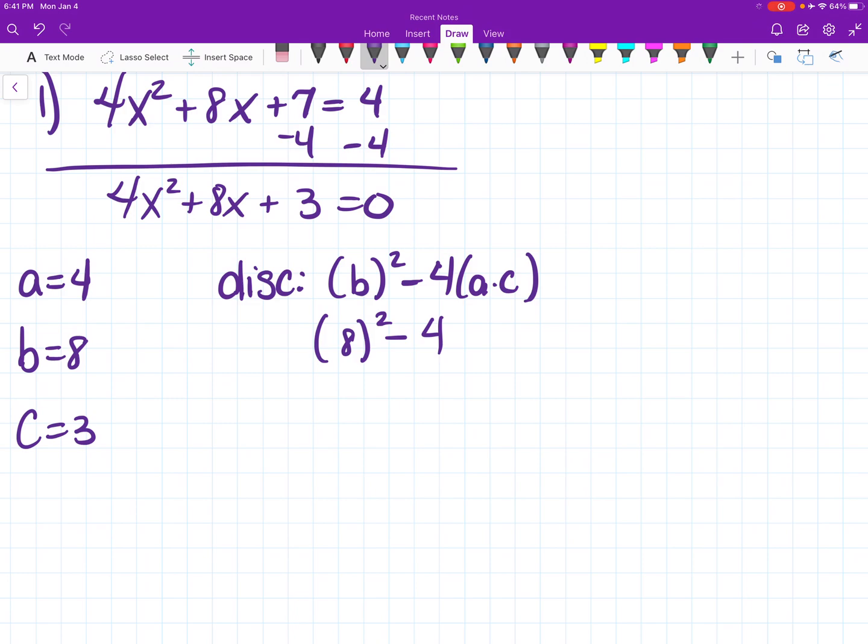This one's all positive, so that makes it easier. 4 times 3. I finish this out, use my calculator, and I find it's 16. 16 is a perfect square, and it's positive. So if it's a positive perfect square, we know the type of roots we're going to have is two real rational roots.